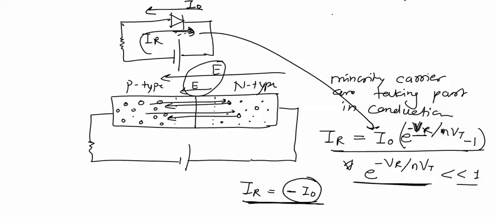So I can conclude that in a reverse biased PN junction, reverse current flows which has magnitude I0. Direction will be opposite to that of forward current. So in reverse biased PN junction, as minority charge carriers take part in conduction, the current will be very less and it is given by I0.